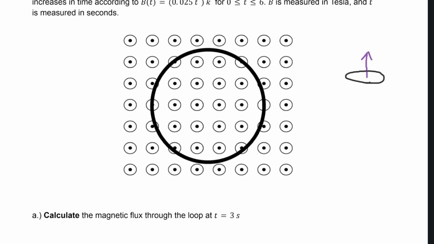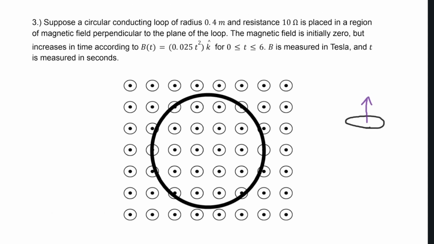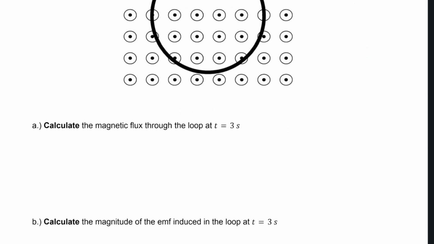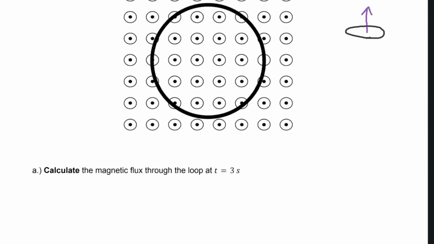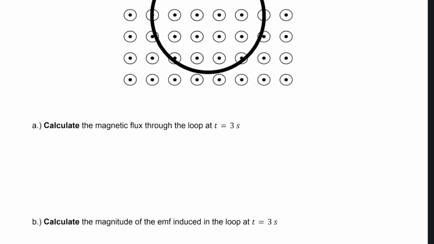So first thing we want to do is calculate the magnetic flux through the loop at time t equals 3 seconds. So we just want to find the flux, and notice that everything is nice and perpendicular, so there's no theta involved here.